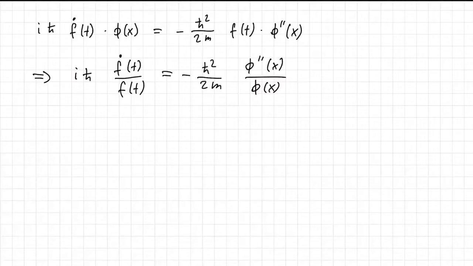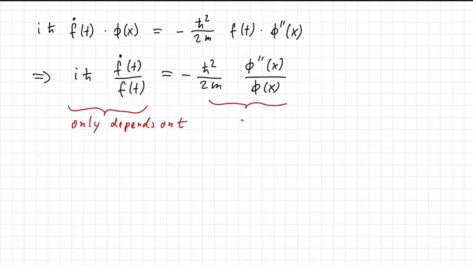Now, what did we achieve by doing what we just did? Well, we can make an observation, namely that the variable t now only enters on the left-hand side, and the variable x only enters on the right-hand side.